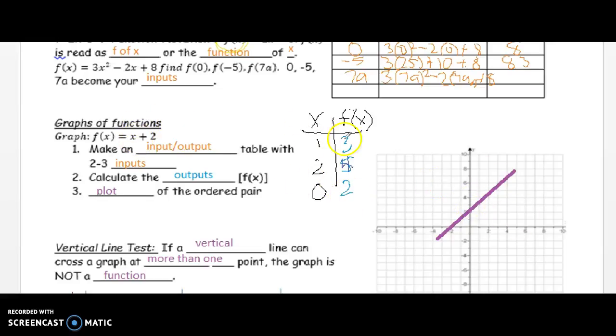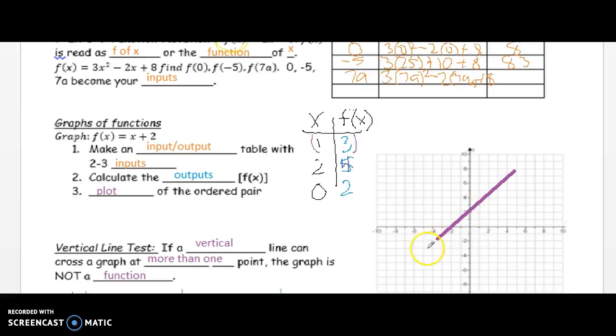So I would take my table and I would use these input-outputs as my ordered pairs. My first ordered pair would be 1, 3. My next ordered pair would be 2, 4. And then my last one would be 0, 2.